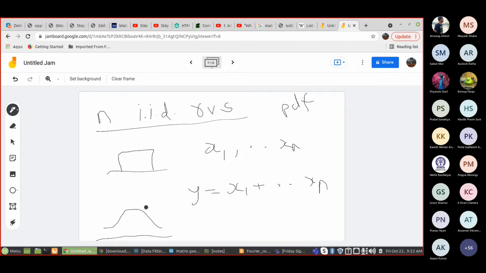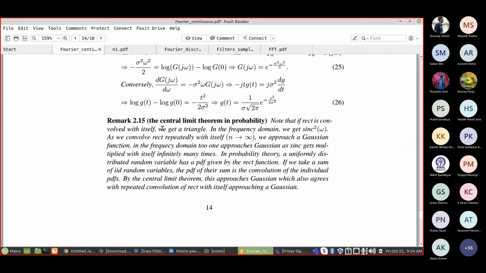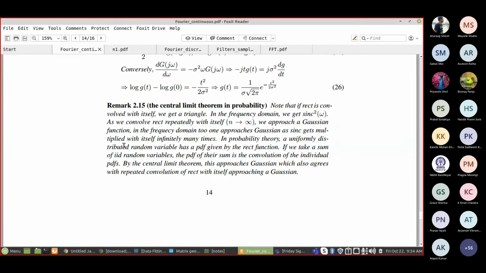That's what central limit theorem says. This is not a proof, by the way. This is just an interpretation of central limit theorem, a small connection for those who are studying probability theory.